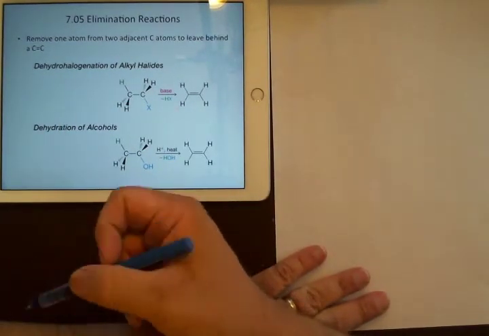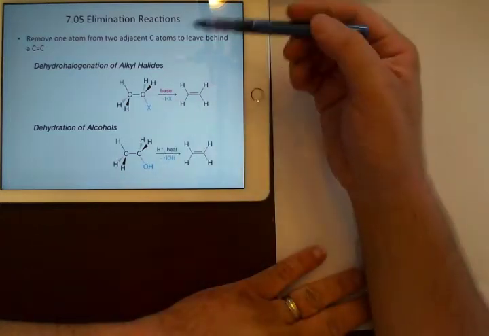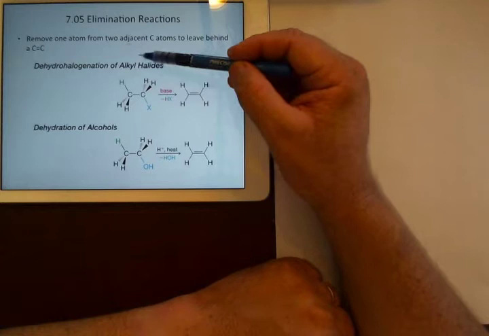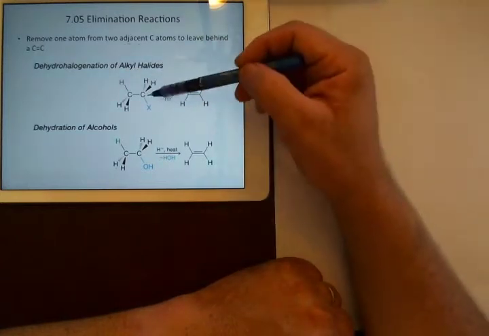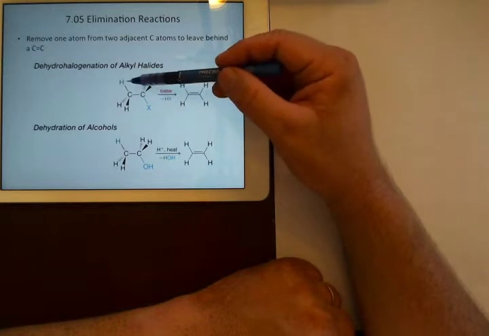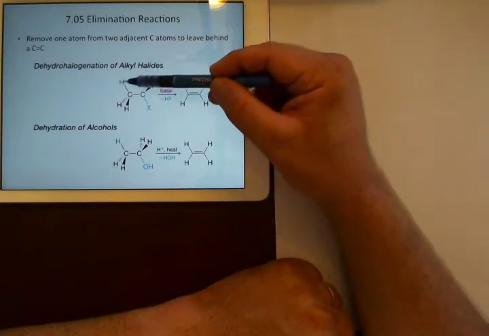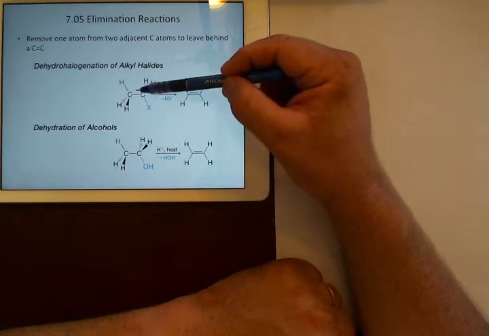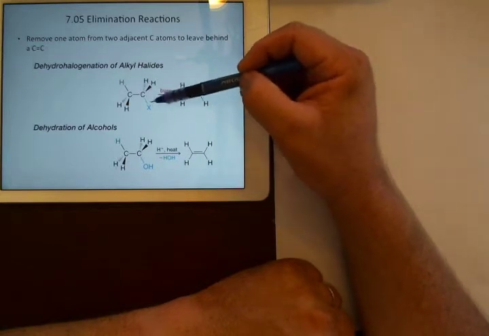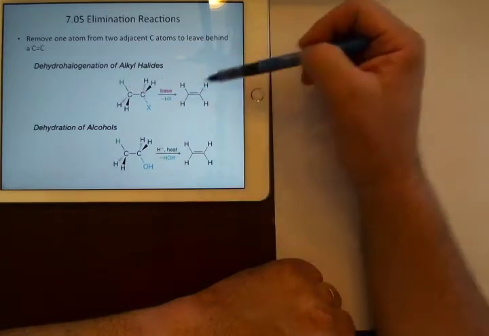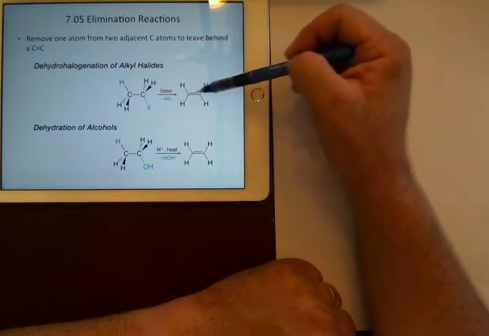One way that we can make double bonds is through the use of a base. You can use alkyl halides, using the halide as a leaving group, but you do it internally. If you rip off this hydrogen, these electrons can collapse down and kick off the leaving group, so the electrons in the C-H bond become the new carbon-carbon double bond.